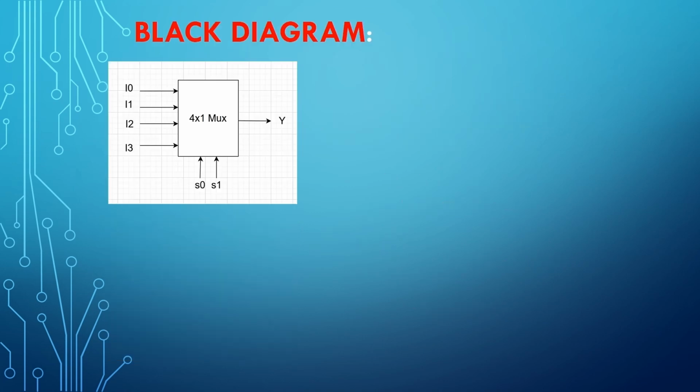This is the block diagram of the 4x1 multiplexer. It has four input lines, two selection inputs and one output, where I0, I1, I2, I3 are the four inputs, S0, S1 are the two selection inputs and Y is the output. Now let's draw the truth table.